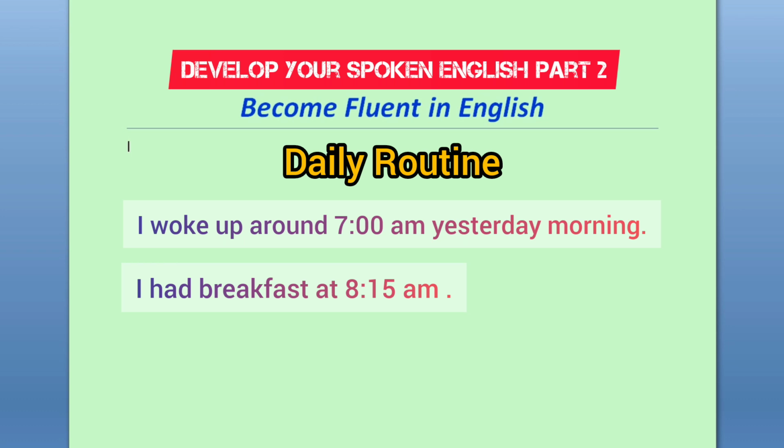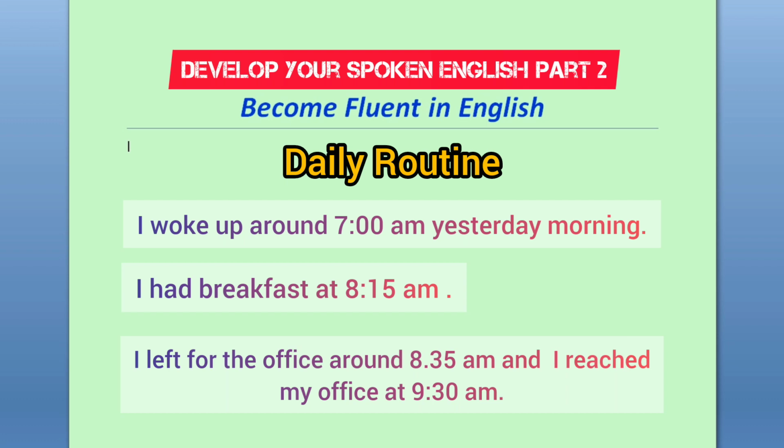So change the tense, use the simple past, leave, make it left. I left for the office around 8:35 a.m. and I reached my office at 9:30 a.m. Just using the simple past tense, describe what you did yesterday, right? And you can continue this way, on and on, right?